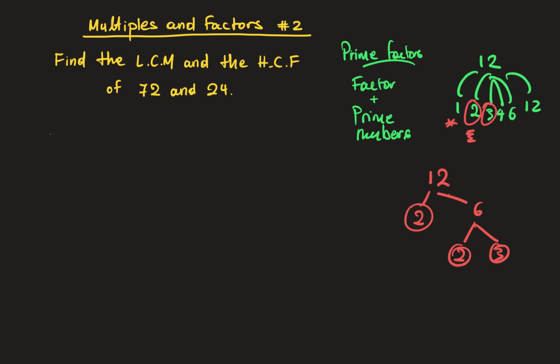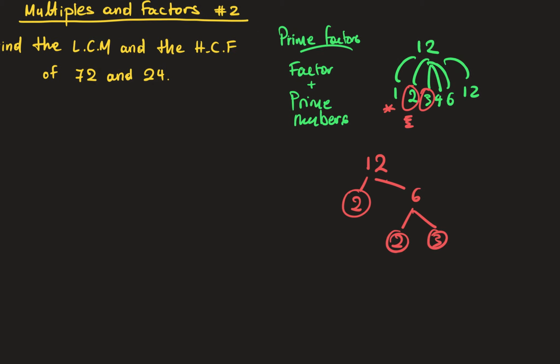So the product of prime factors is the process of writing 12 as a product of its prime factors, including the repetitions that you're seeing there.